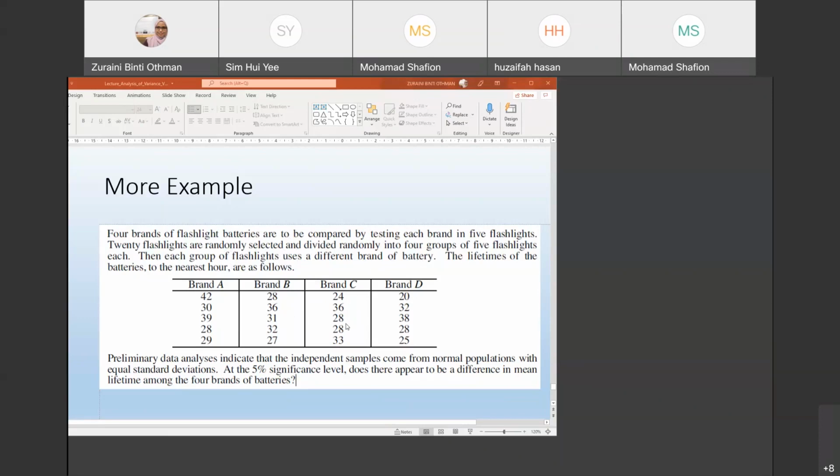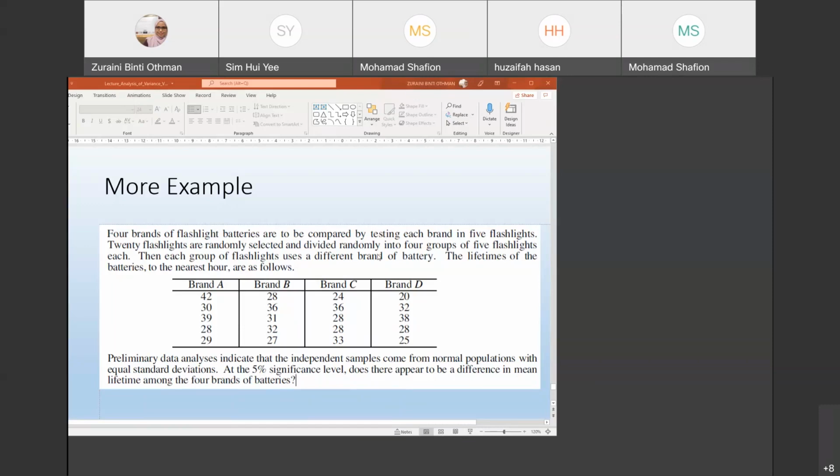The lifetime of the batteries is measured to the nearest hour, from brand A, brand B, brand C, and brand D. Preliminary data analysis indicates that the independent samples come from normal populations with equal standard deviations. The significance level given is 0.05, which is 5%. Does there appear to be a difference in mean lifetime among the 4 brands of battery?